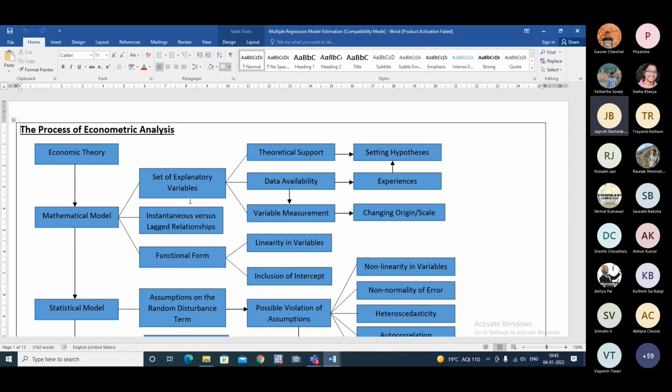Now, I may be interested to add these variables because I have studied and I know that these variables may be very, very important. But I may not be in a position to add these variables into the model because I don't have the data.